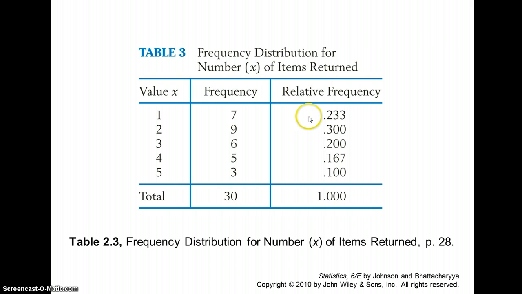But if we increase the sample size from 30 to maybe 300 or even 3,000, and we do this calculation again, the relative frequency number may be used as an approximation of probability.